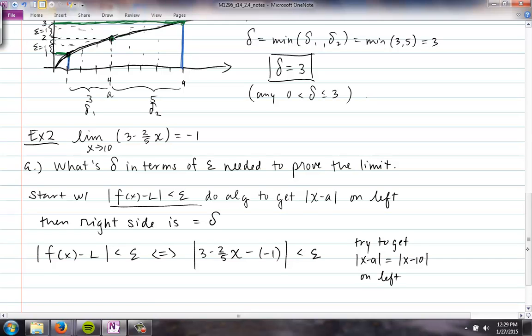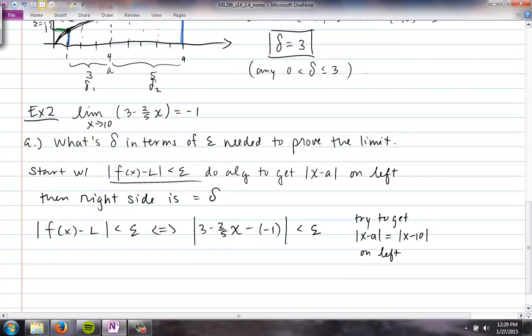Now the first thing that you typically do is just combine like terms. This isn't simplified, so let's keep going. We can take 3 minus negative 1 and get 4. Notice that the x part has to come first, so I'm going to write this as negative 2/5 x plus 4.